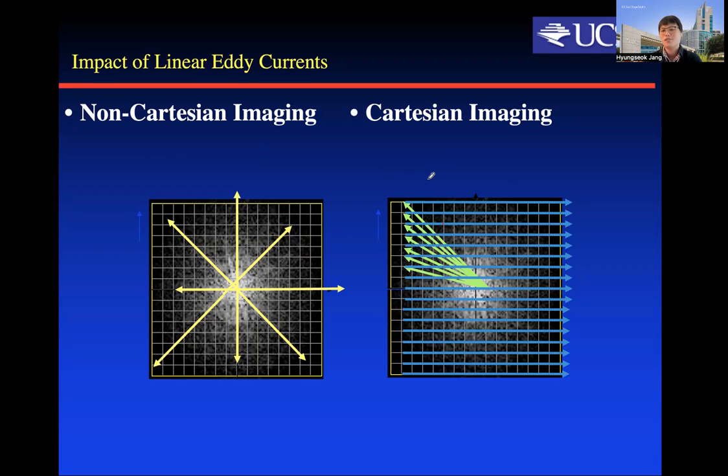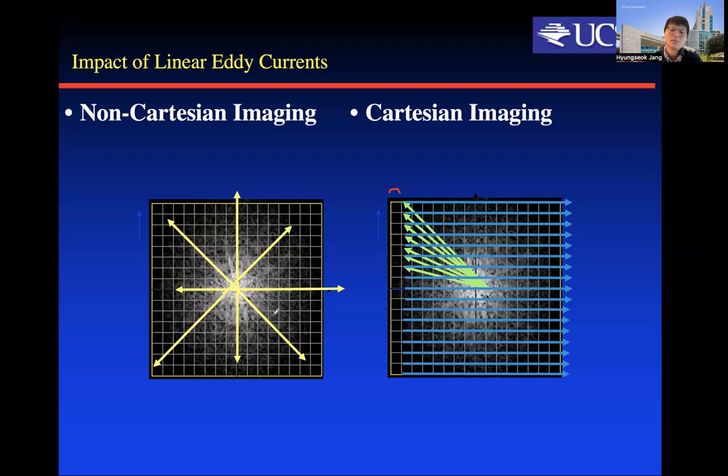So we can assume that the eddy current is in an LTI, linear time-invariant system. So if you linearly scale the gradient, then the error can also be linearly scaled. So it doesn't affect the phase encoding too much, but frequency encoding is more affected in Cartesian imaging, like there is some unwanted delay, right?